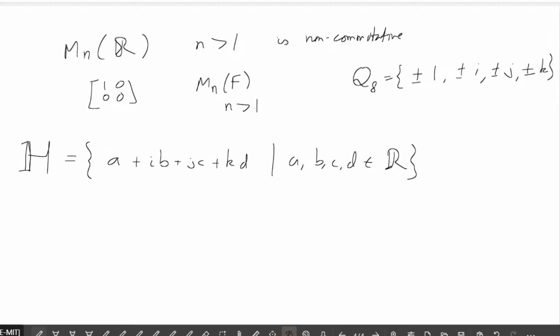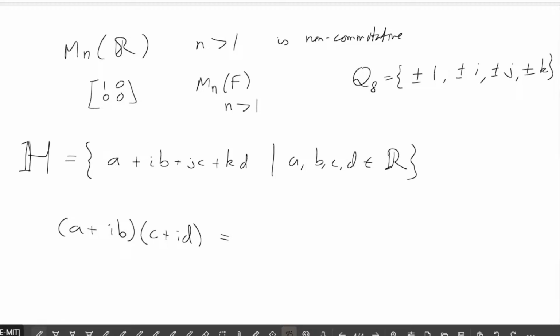Even when you multiply complex numbers, if you take just two complex numbers, which you can see as a subset of this, correct? Complex numbers form a subset when you take c equal to d equal to 0.